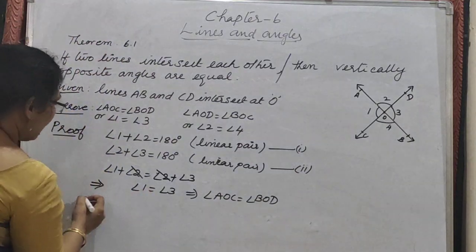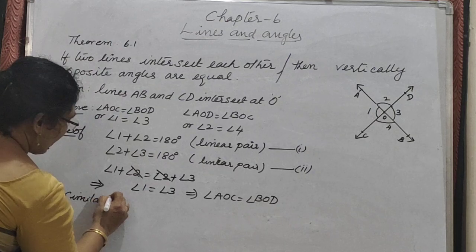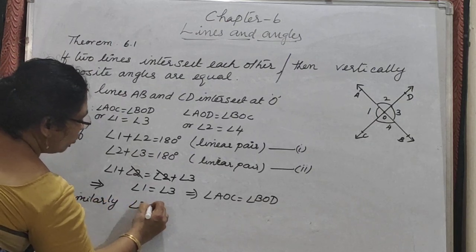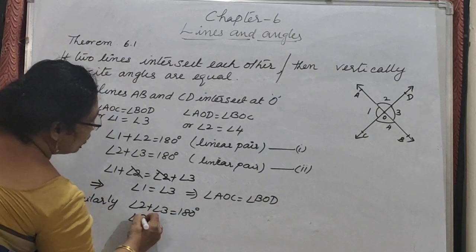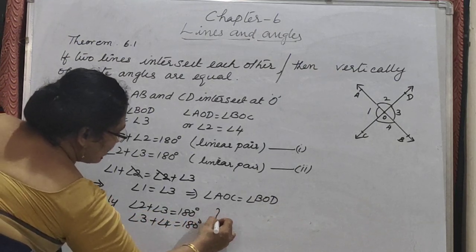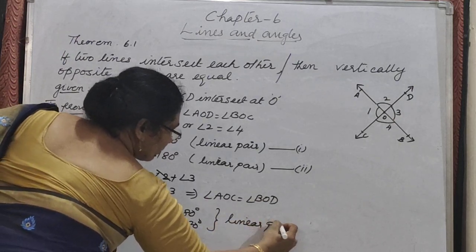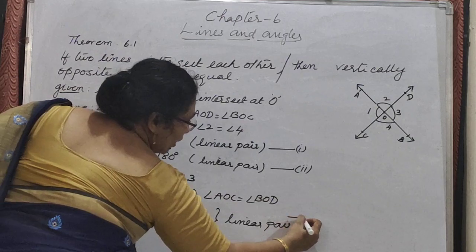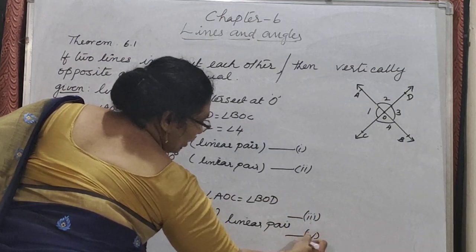So once again I will write similarly, angle 2 plus 3 equal to 180 degree and also 3 plus 4 equal to 180 degree. Both are having the same reason, linear pair. So equation 3, equation 4, right?